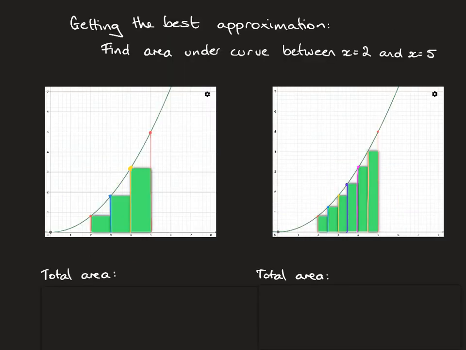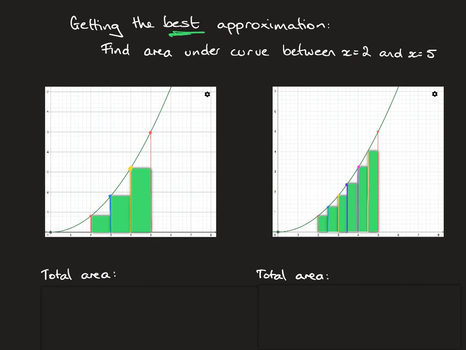To get the best estimate or best approximation for the area under the curve, what we can do is remove as much under or overestimate as possible. So you can see that I've got 2 different setups here for the area between 2 and 5, and this is in fact the same function.